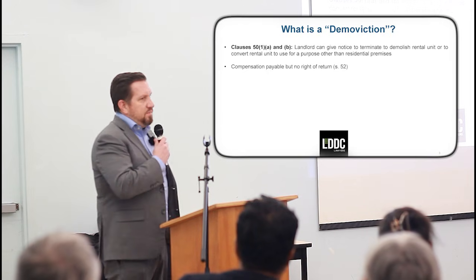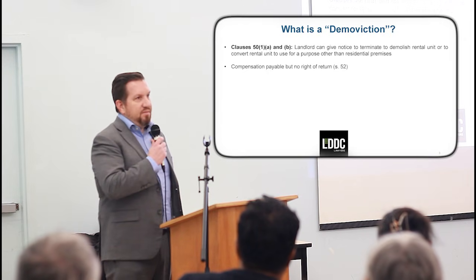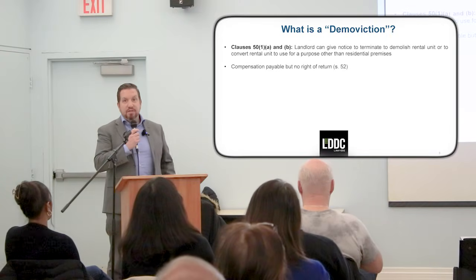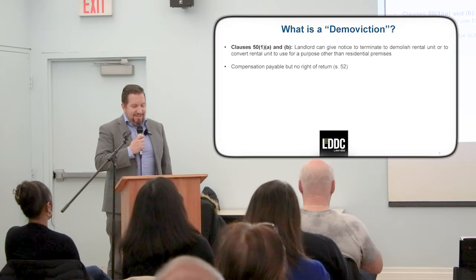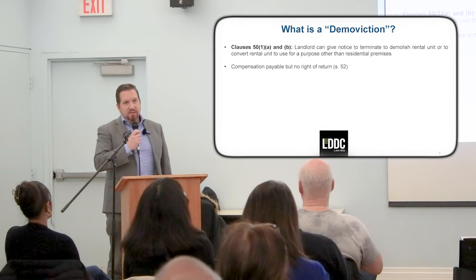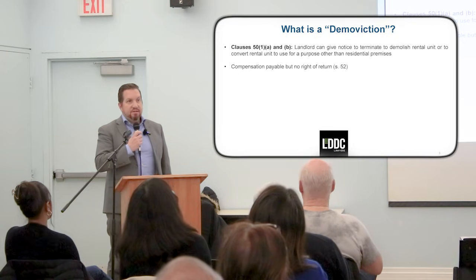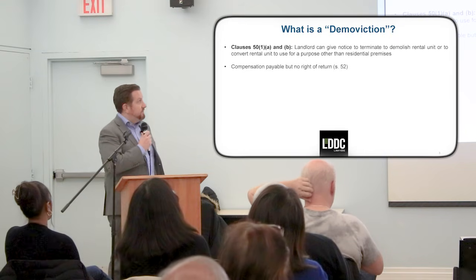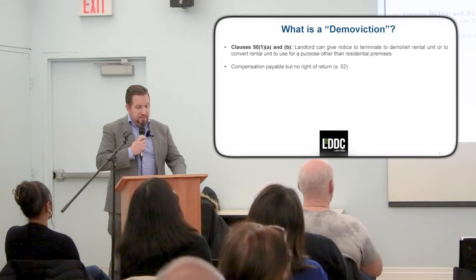One significant difference between a renoviction and a demoviction, and I'm going to refrain from the urge to do scare quotes every time I use either of those words, is that a demoviction does not carry a right of return. If the unit is demolished, the idea is that there's nothing for the tenant to come back to. So there's no right for them to come back. If we can go to the next slide, please.